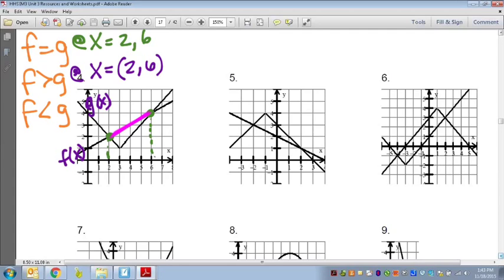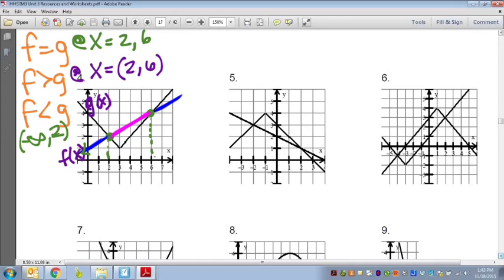Okay, but we also need to find where f of x is less than g of x. So this spot right here and this spot right here. See how those are below g of x, or they're below the other graph? Okay, so there's 2 different spots, meaning I have 2 different intervals. So the first interval, again, if this is a line, it's continuous, so it's going to start at negative infinity and go all the way to positive 2.